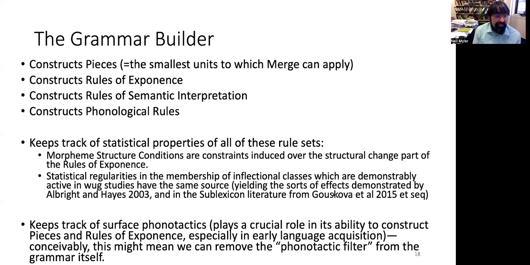So the morpheme structure conditions of earlier theory are constraints induced over the structural change part of the rules of exponence. Statistical regularities in the membership of inflectional classes, which are demonstrably active in wug studies, have the same source. So this is going to be the origin of the sorts of effects demonstrated by Albright and Hayes, 2003, and in the sublexicon literature associated with Maria Gouskova and her associates and students.